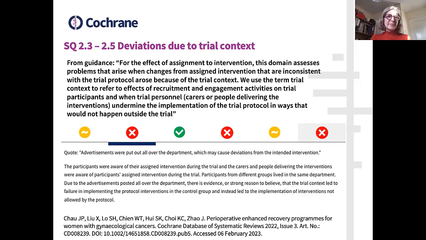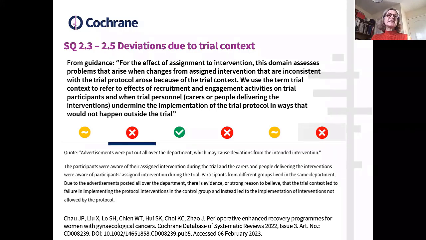So I've got a couple of examples to try and explain that a bit better. The first example is from a review on perioperative enhanced recovery programs for women with gynae cancers, published in 2022. What the review authors are saying here is that people were aware of their assigned intervention, so participants and carers were not blinded.